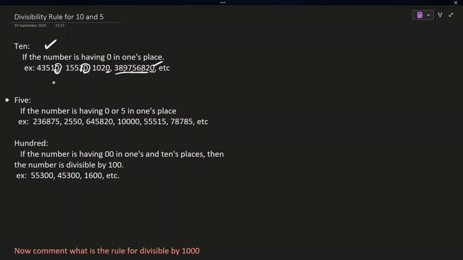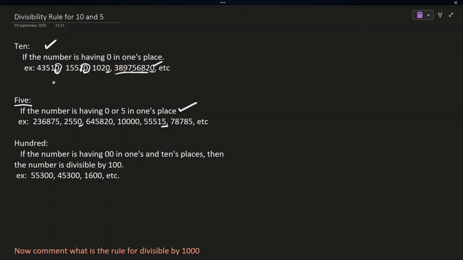Then how will you find out whether it is divisible by 5 or not? Next we will see 5. If the number has 0 or 5 in its ones place, that's it, the number is divisible by 5.